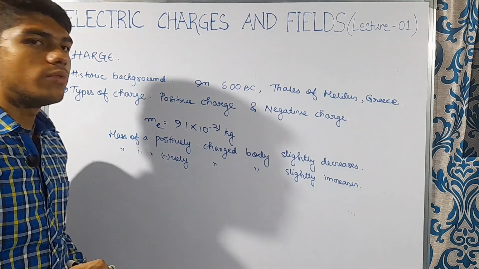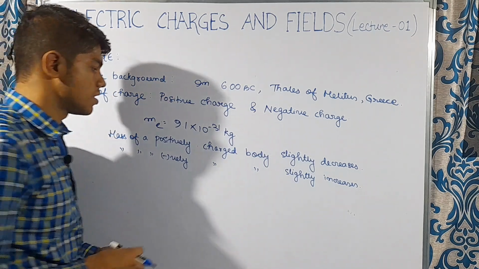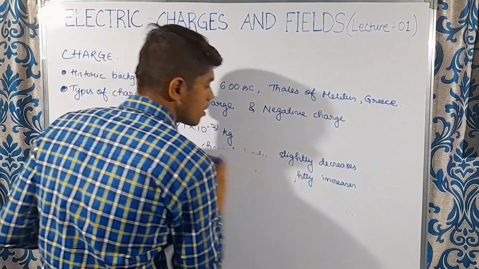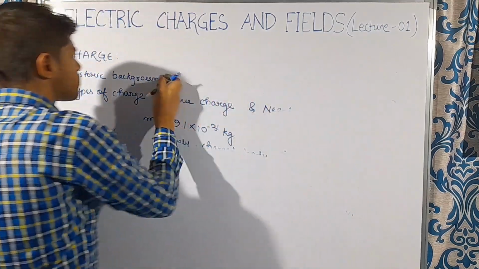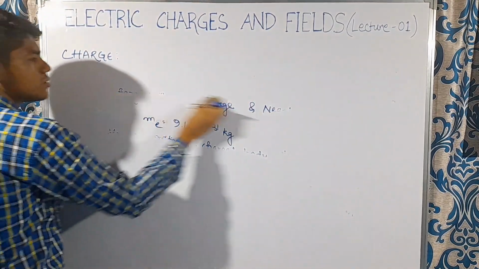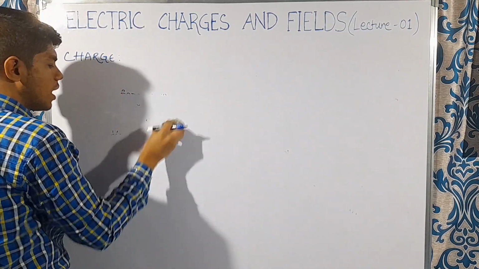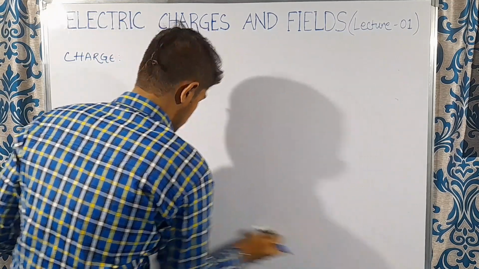Well, now we will look into the concept of conductors and insulators, and this will be the last topic for today. Conductors and insulators. What are conductors and what are insulators? I think in class 10 we have already studied this.